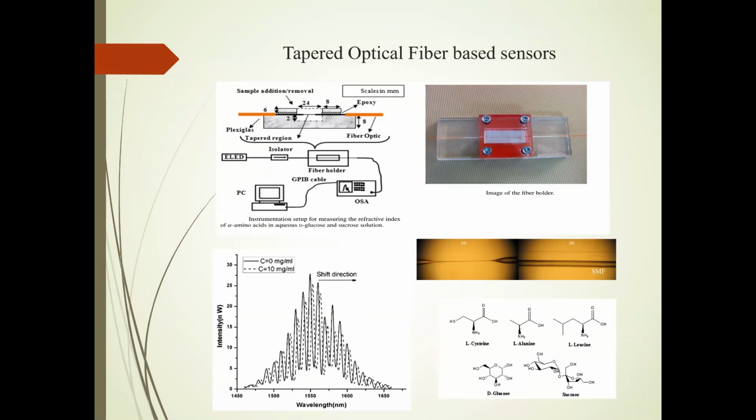So the narrow part will be our reaction medium, the sensor medium, which is placed into the upper side of the image, as you see the red cell, which is our fiber holder. So this sensor was placed into a laser system and could detect analytes at like nanomolar level, very sensitive ones.